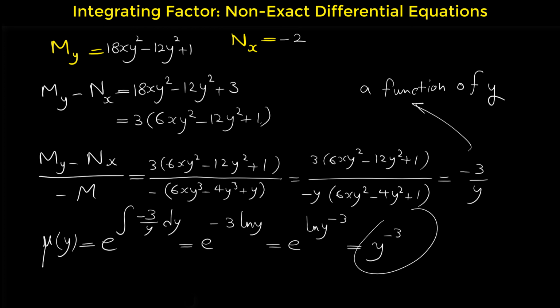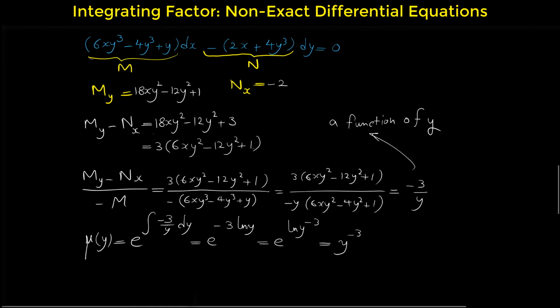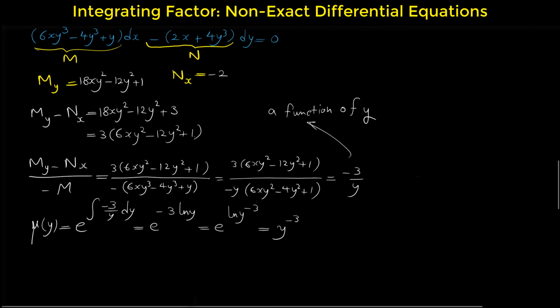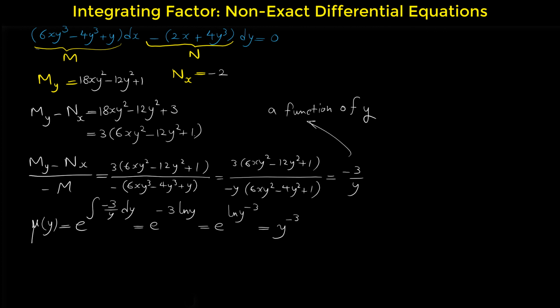So by multiplying the differential equation by this, we can convert the differential equation to an exact differential equation. If we multiply the differential equation by y to the negative 3, the differential equation can be written as 6x.